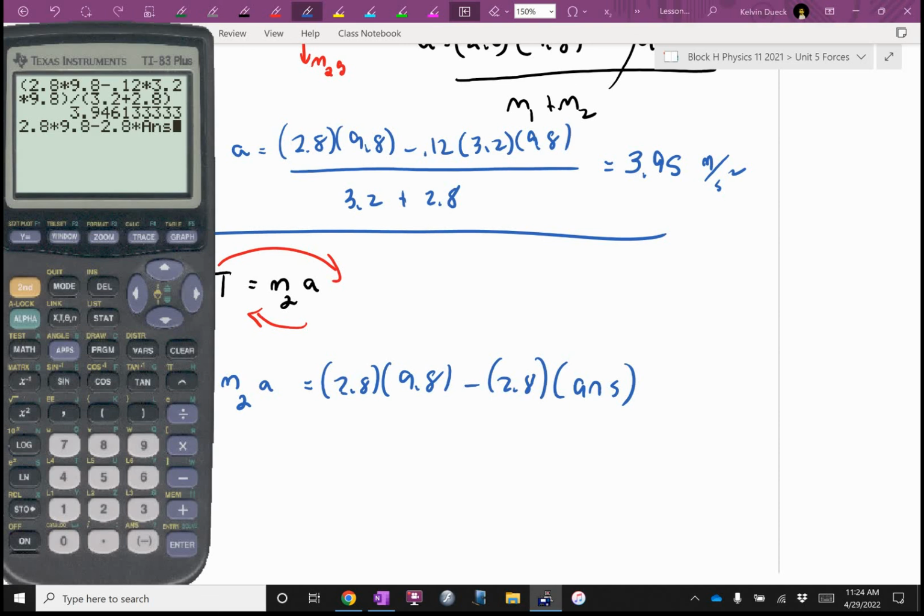I get... Did I make a mistake? No? Oh. 16.4? Is that right? Units. It's a tension. It's a force. Newtons.